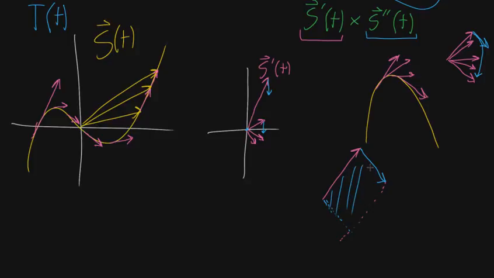The area of this traced out parallelogram for each of them, that's how you interpret the cross product between s prime and s double prime. So this cross product, by giving you that area, is a measure of just how perpendicular these vectors are, right? Because if they point very much in the same direction, and they're only slightly perpendicular, that means the parallelogram they trace out is going to have a very small area. It's going to be a smaller area in comparison.